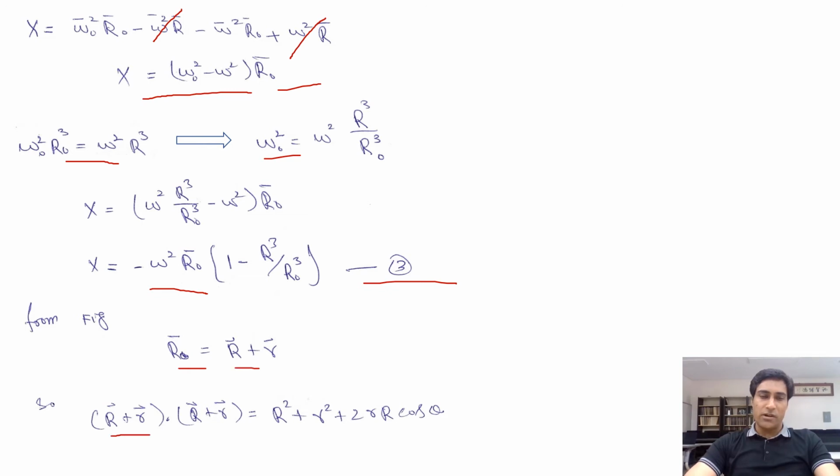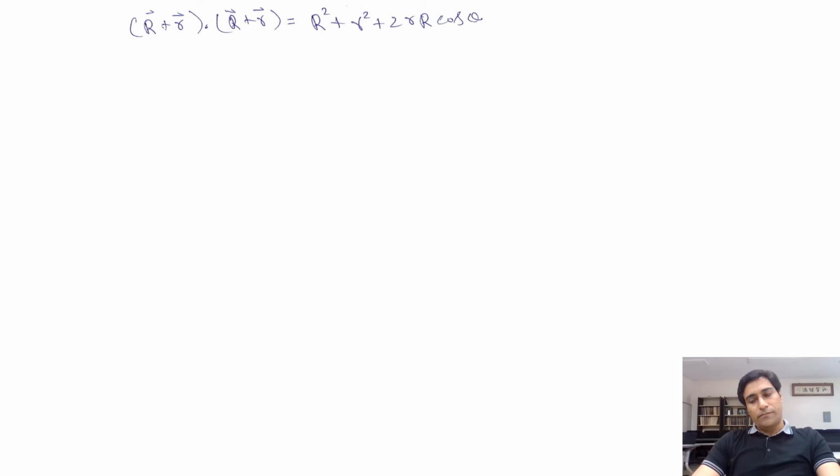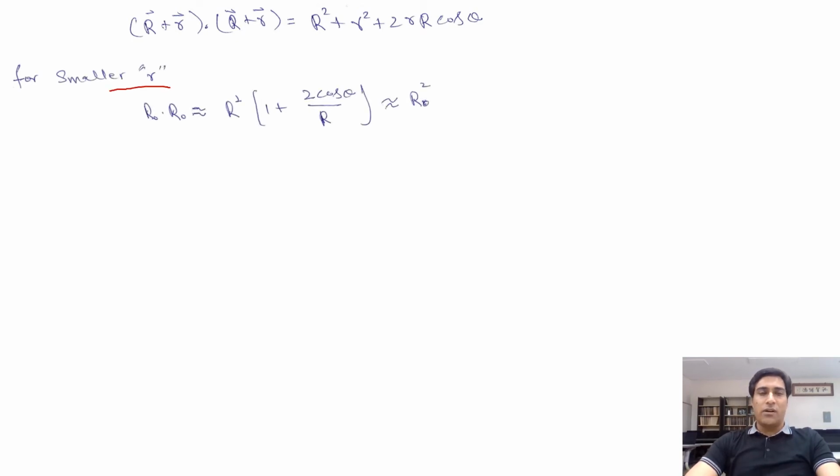If we multiply both, after simplification we get capital R square plus small r square plus 2 small r capital R cos theta. For the case where small r is very small, r naught square equals R square into 1 plus 2 cos theta over R.